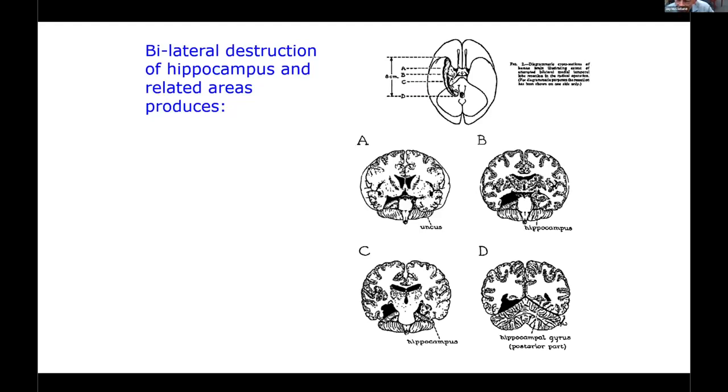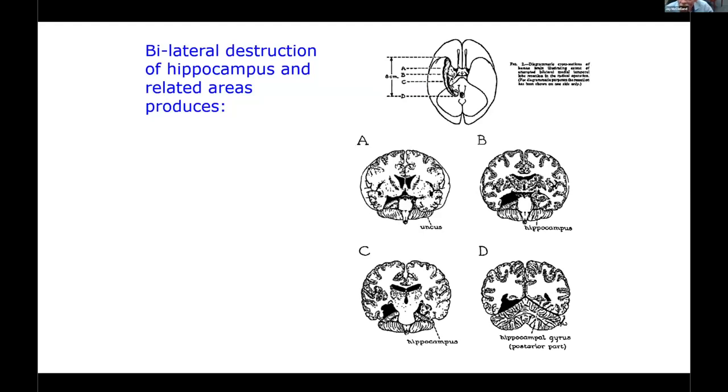And this slide is just a reminder of the lesion that HM sustained. HM was a young man who was a profoundly epileptic patient.